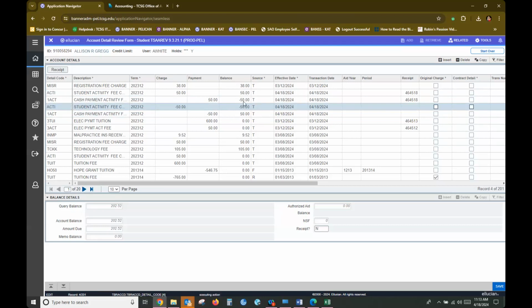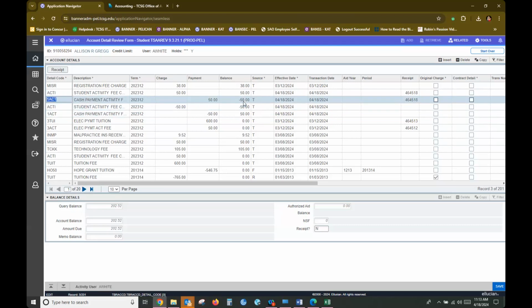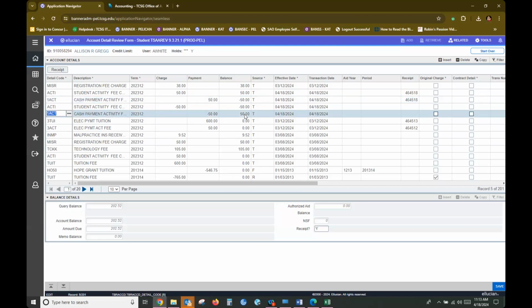A payment is generally a negative because it decreases the student's balance. But when I'm reversing off a payment, it has to be positive because a positive and a negative will marry together. But a negative and a negative should never marry together, but they do. And a positive and a positive will never marry together.